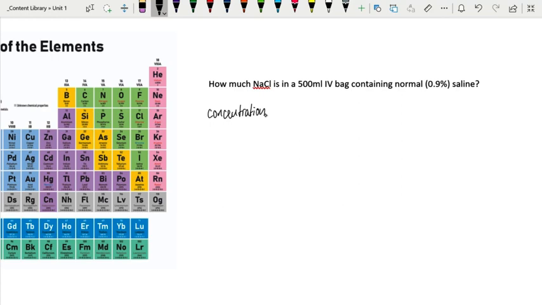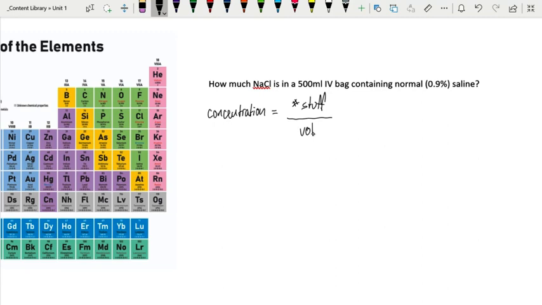Concentration simply is a ratio. It's going to equal a ratio of stuff, the number of stuff, over a given volume. Concentration equals stuff over volume. It's just a ratio. If we understand that, then understanding how to solve these questions is actually quite simple.